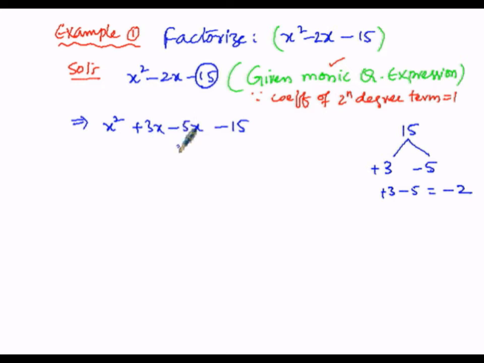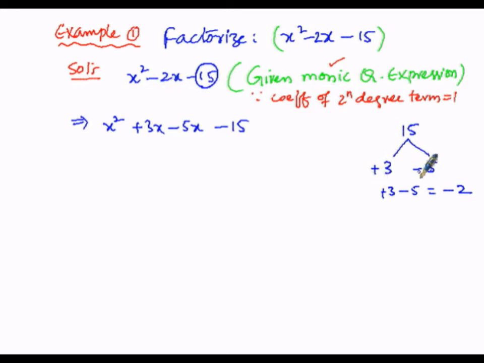The procedure is this: the last term is 15, so we split it as 3 and 5. Either by adding or by subtracting these two numbers, we have to get the middle term. By subtracting, 5 minus 3, I get 2. I assign the greater one the negative sign and the next one positive.